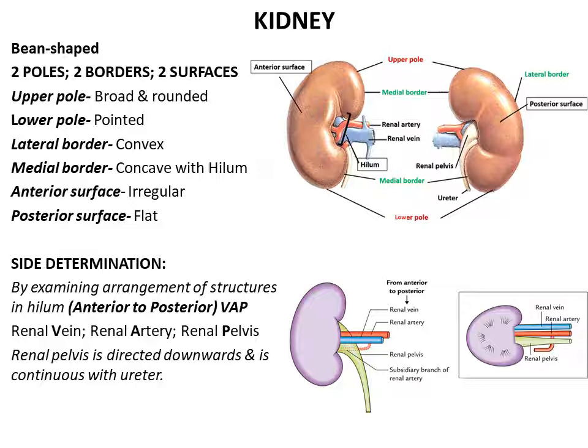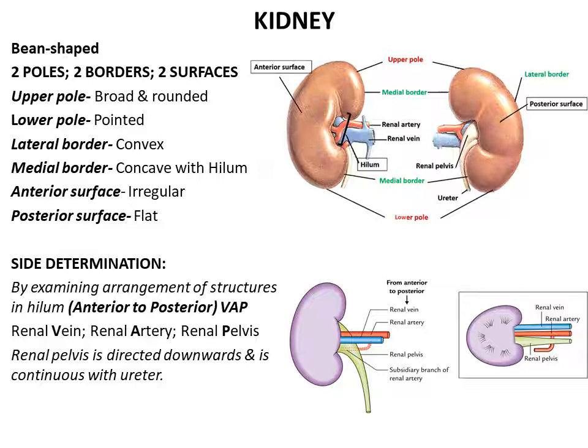Hence, the side determination of the kidney, or identifying the poles, borders and surfaces, is done with the help of the hilum and the structures present in the hilum. First, the borders are identified as the medial border contains the hilum. Then, the structures in the hilum are examined and the arrangement from anterior to posterior, that is the VAP arrangement, is identified to differentiate between the anterior and posterior surfaces.